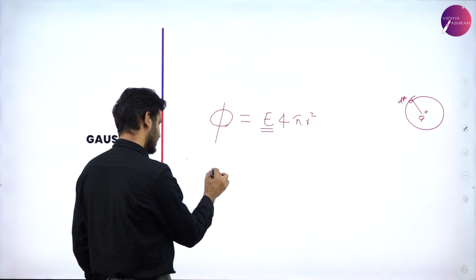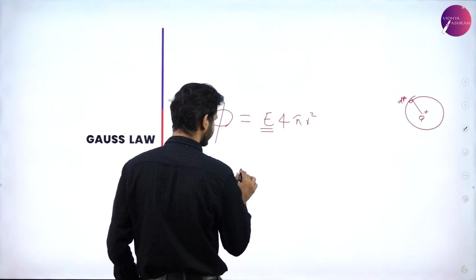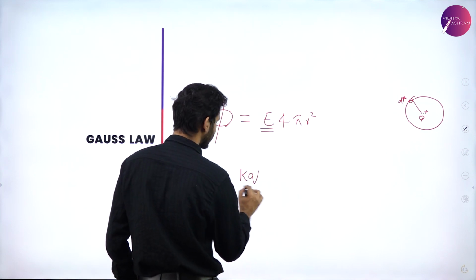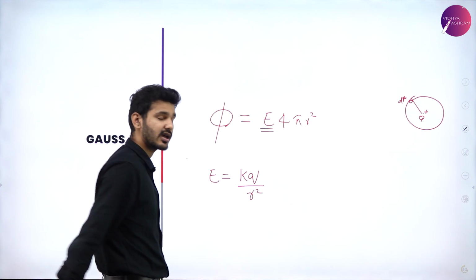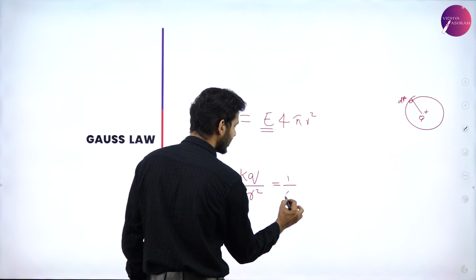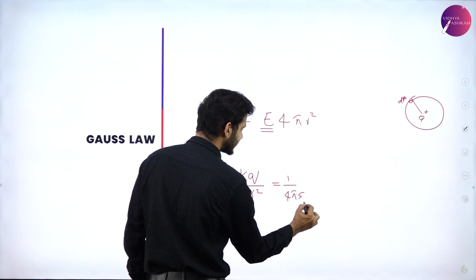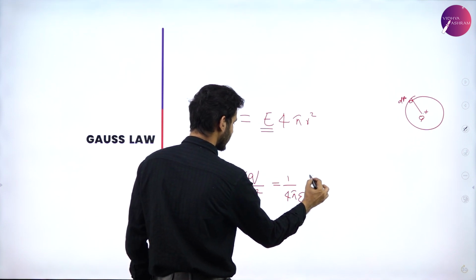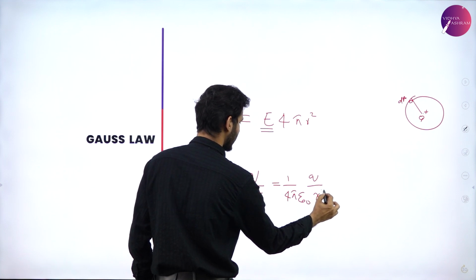So E is equal to KQ divided by r square, and K is equal to 1 by 4 pi epsilon naught, so E is Q by 4 pi epsilon naught r square.